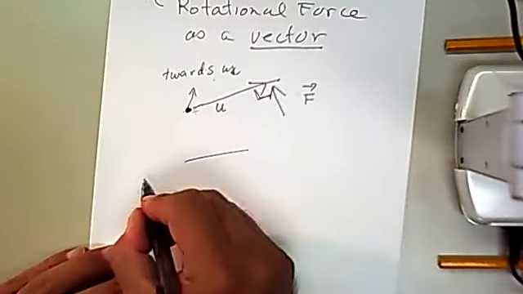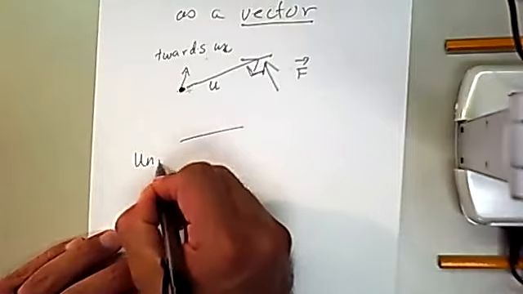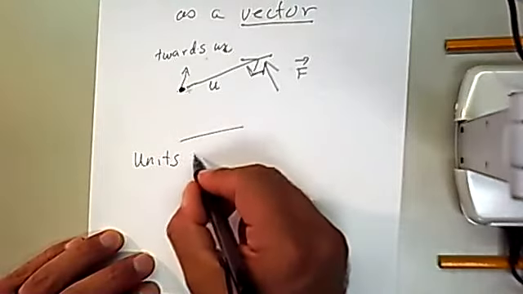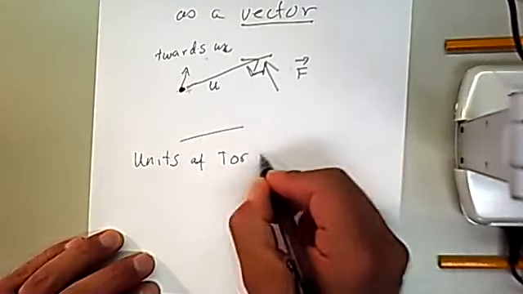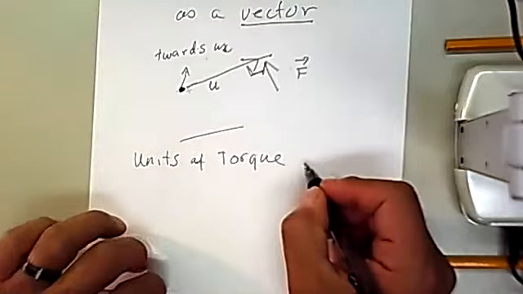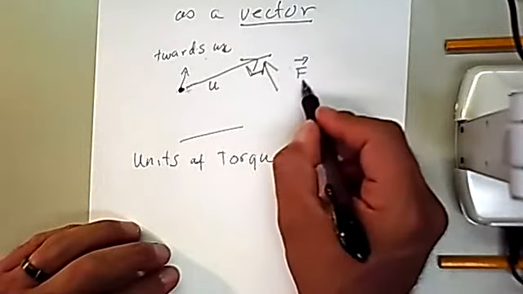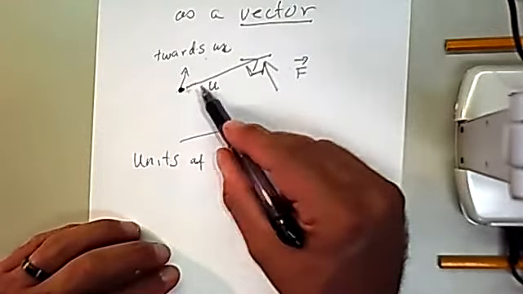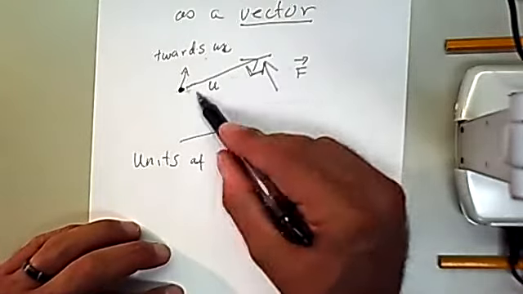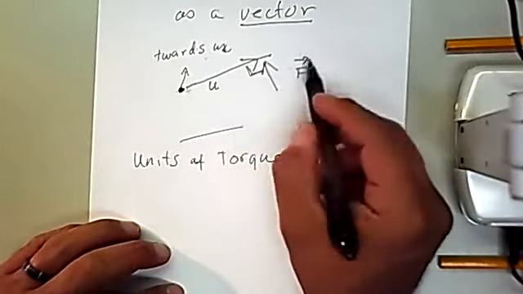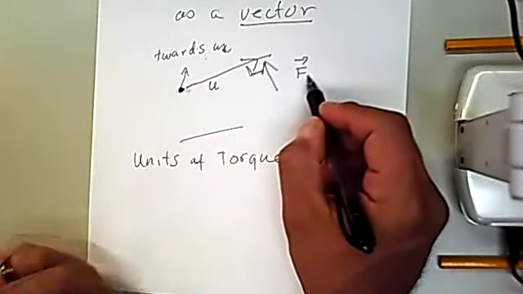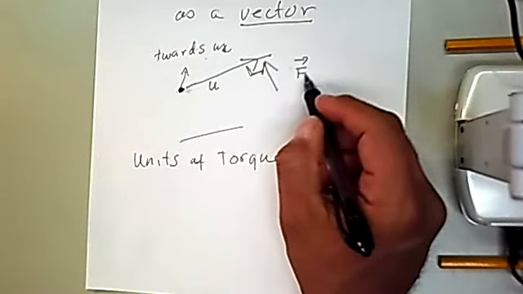The units of torque, it depends. In metric, there would be newtons for force and meters for the length of the lever, so the magnitude of this would be in meters, and the magnitude of the force would be in newtons.